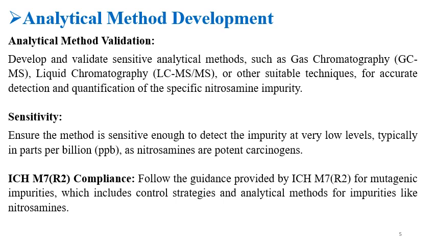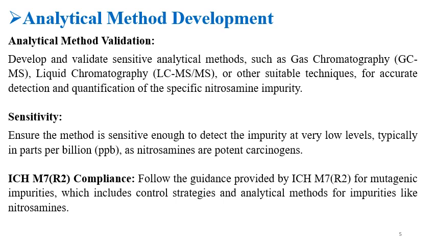Then sensitivity. Ensure the method is sensitive enough to detect the nitrosamine impurity at very low levels, typically in parts per billion. See, the sensitivity is required to be very much important, because these nitrosamines are potent and they have very stringent limits.